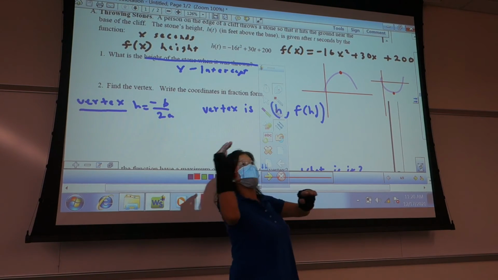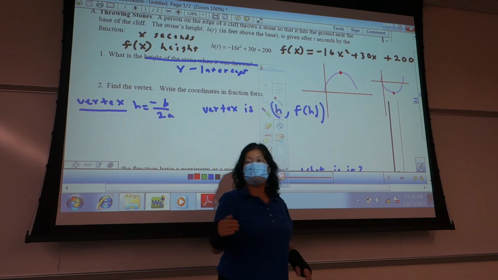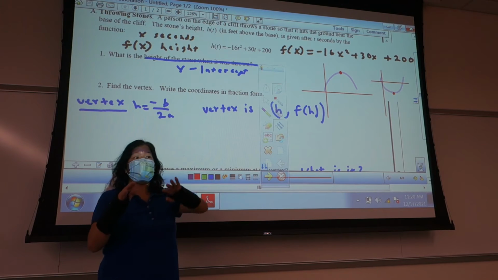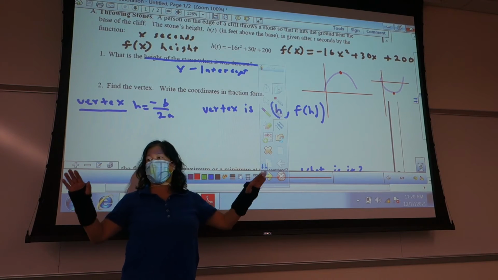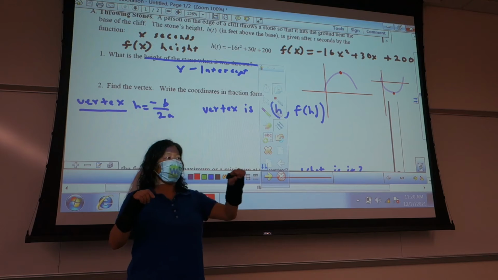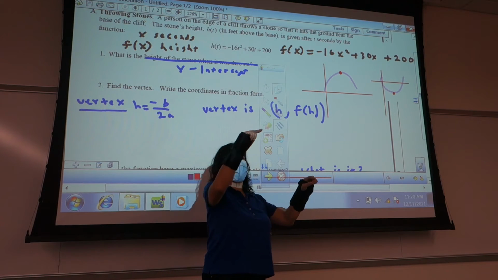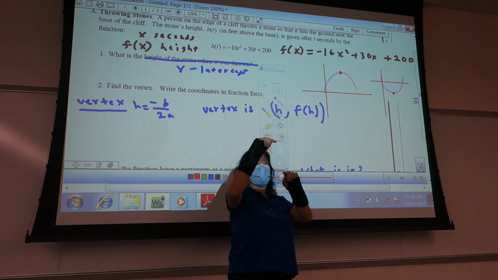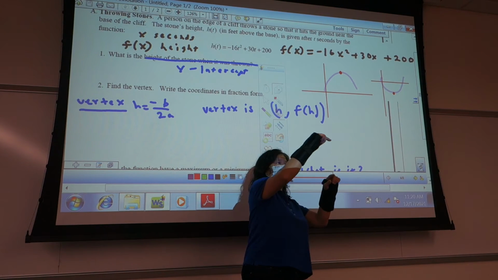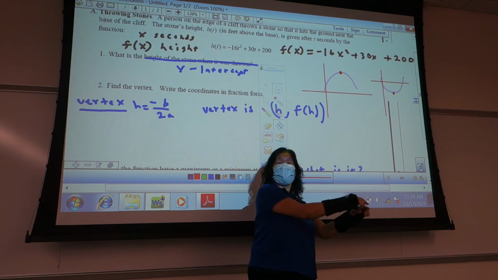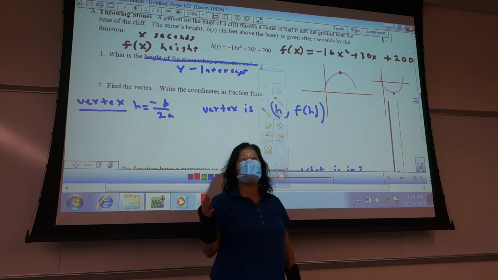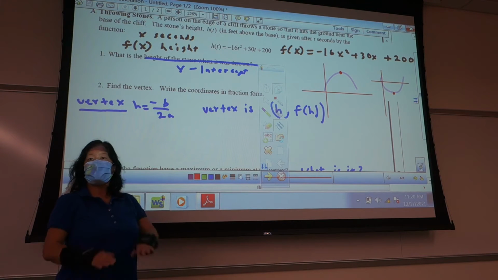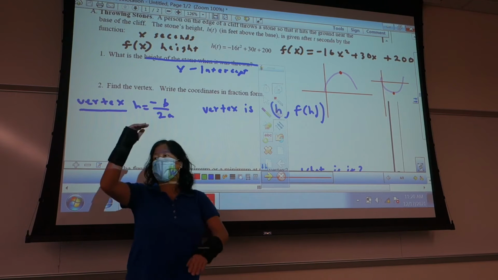I'm not talking about how far it travels. Over time, the height of the ball goes 0 seconds, 1 second, 2 seconds, 3 seconds, and so on. It's just how high the ball is as time goes along, not the distance it's gone. That's all we care about.